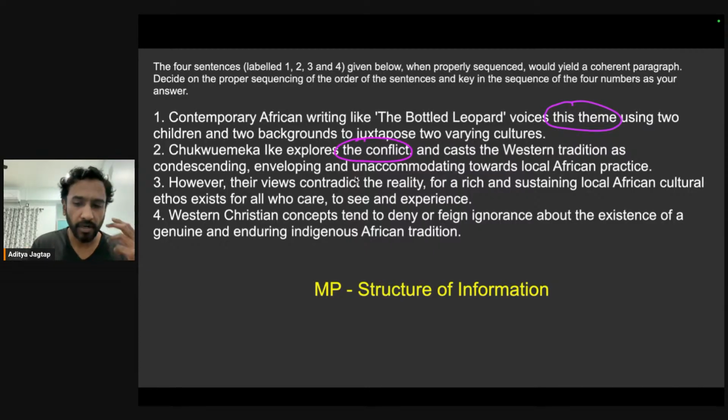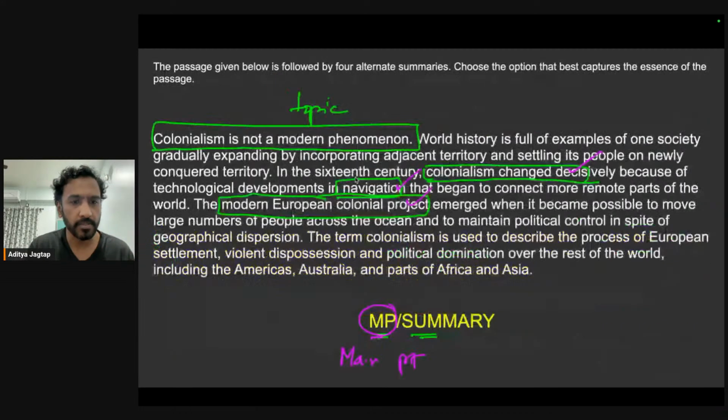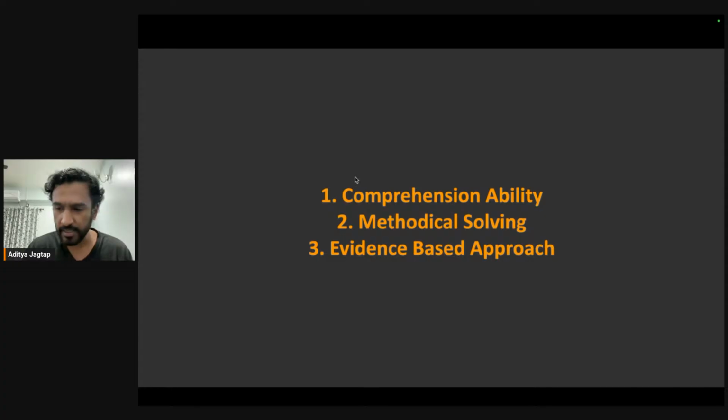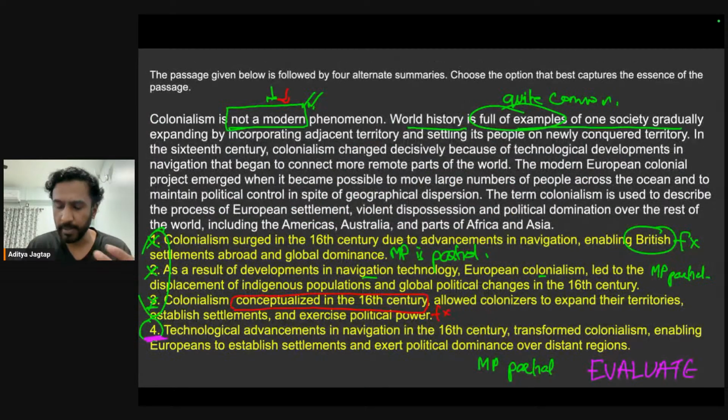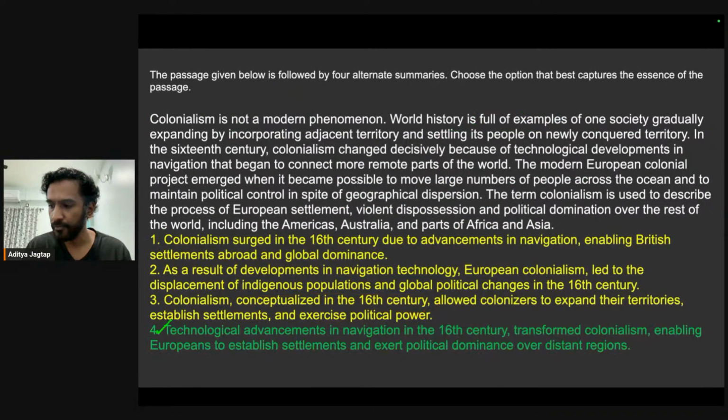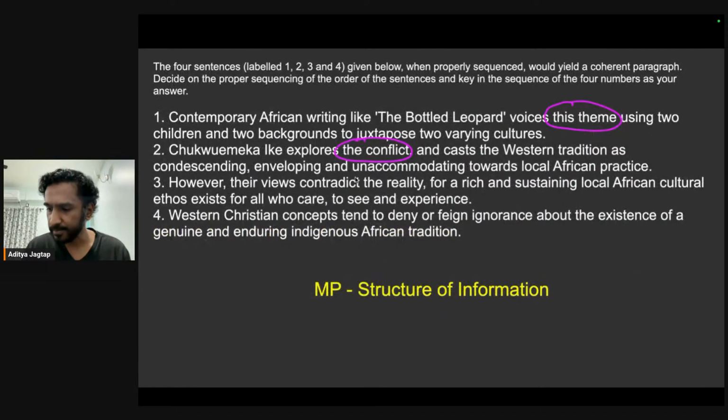So again, what I want all of you to take away from this is that my method is extremely repetitive and I know exactly what I'm supposed to do. That ability allows me to maintain a routine approach and consistency. The other thing is about the decision-making process. My approach is always evidence based, even for each option in the main point summary question, which you'll also see a lot of times in the exam.